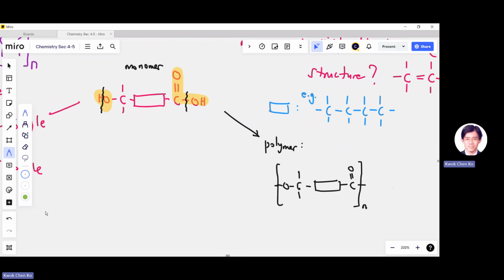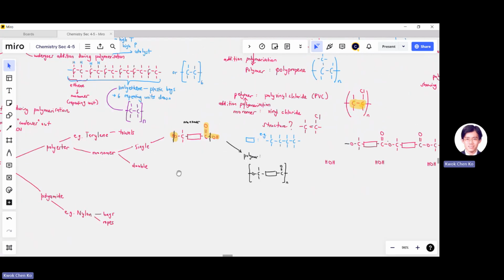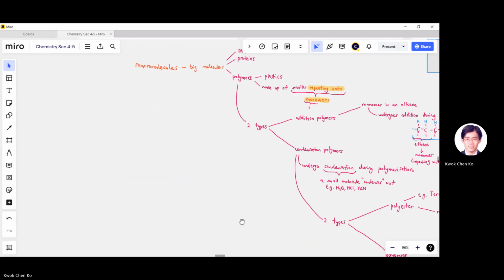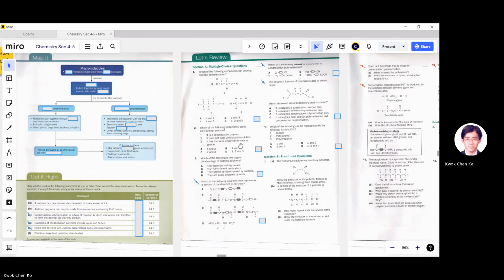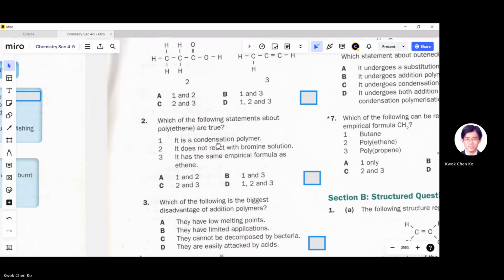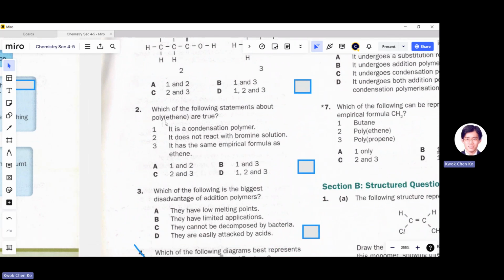Yes. What is condensation? Oh, that one is under which question? Number 2, MCQ. Well, you should know that this is not a condensation polymer, right? So 1 is of course wrong.